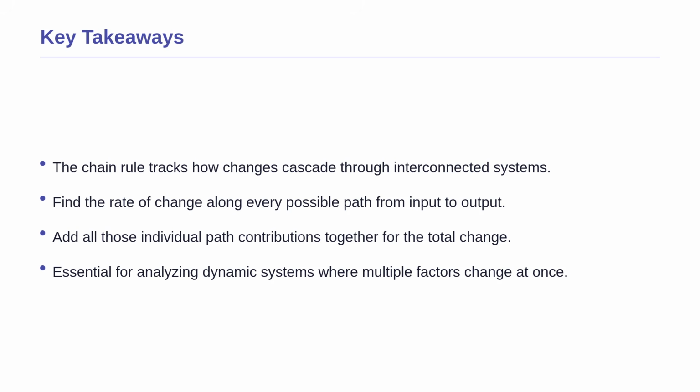Remember the core rule. You just find the rate of change along every possible path from the input to the output and then add all those path contributions together. Mastering this rule allows you to analyze dynamic, real-world systems where many different factors are changing all at once. You now have the tools to handle complex multivariate dependencies.